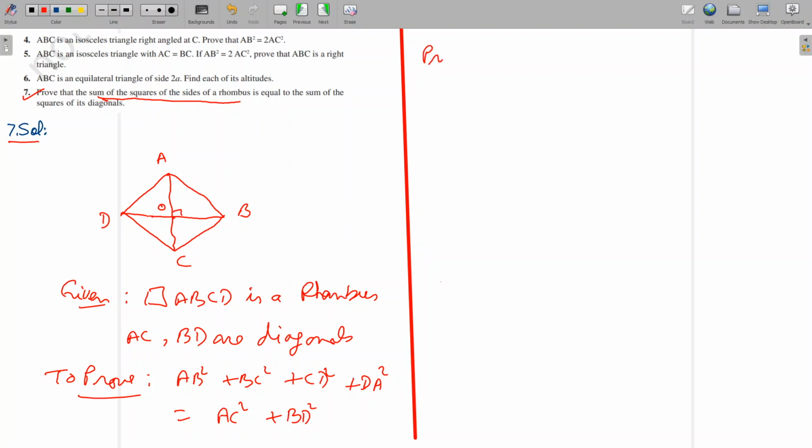Proof. In a rhombus, we know that diagonals bisect each other at 90 degrees.